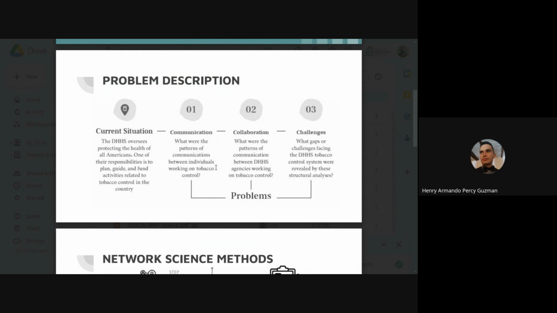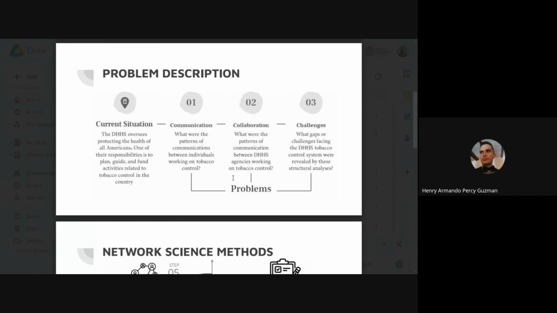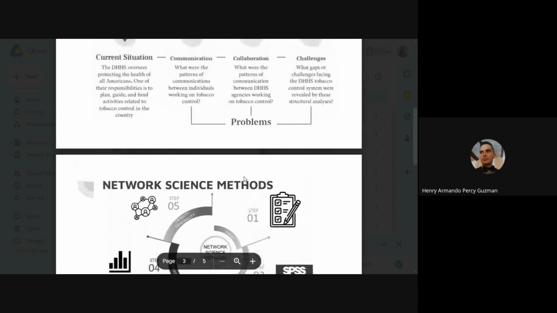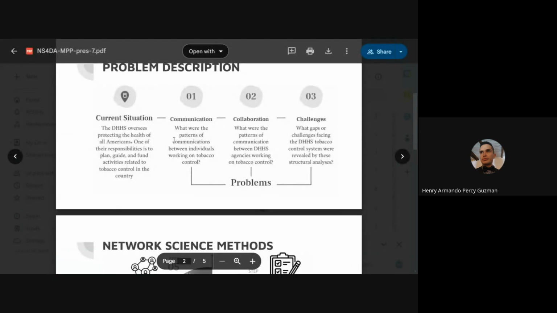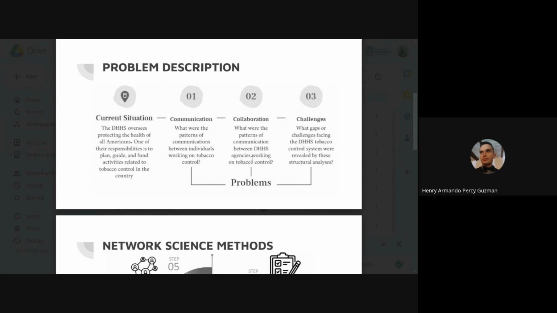Two, collaboration: what were the patterns of communication between the DHHS agencies working on tobacco control. And three, challenges: what gaps or challenges facing the DHHS tobacco control system were revealed by this structural analysis. So, as the previous group said, the key here is a problem of communication between agencies, and the purpose is to control tobacco in the population.